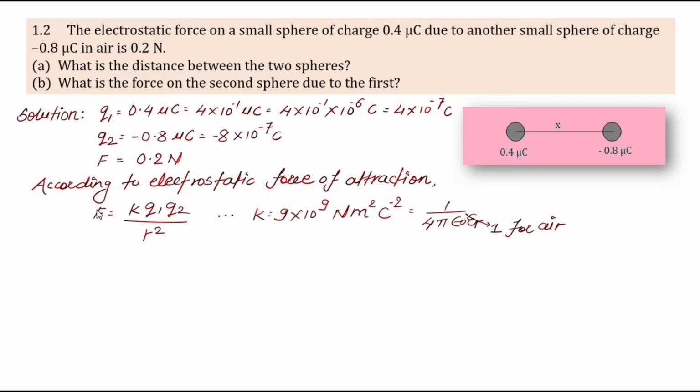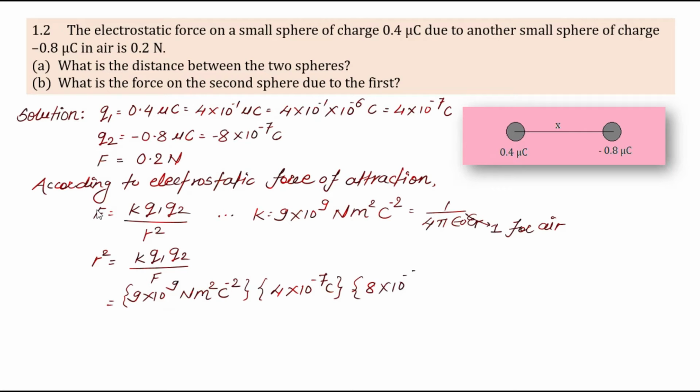So we are interested in finding the value of r, so we will modify the given equation this way and substitute the values. You will get 9 into 10 raised to 9 Newton meter square C raised to minus 2 into Q1. Now Q1 is 4 into 10 raised to minus 7 coulomb. Q2 is 8 into 10 raised to minus 7.